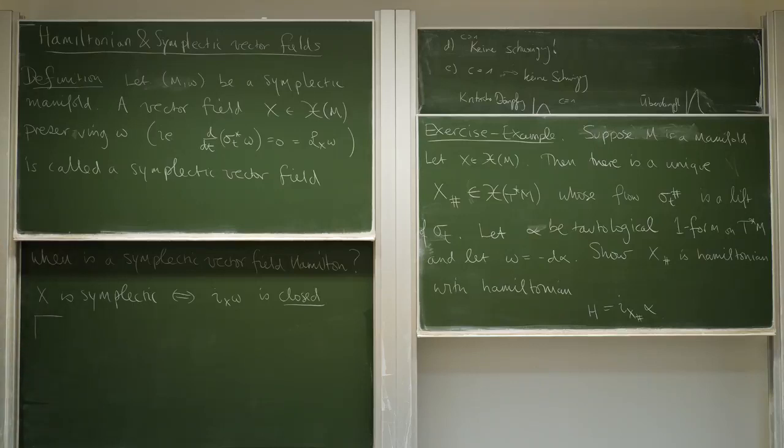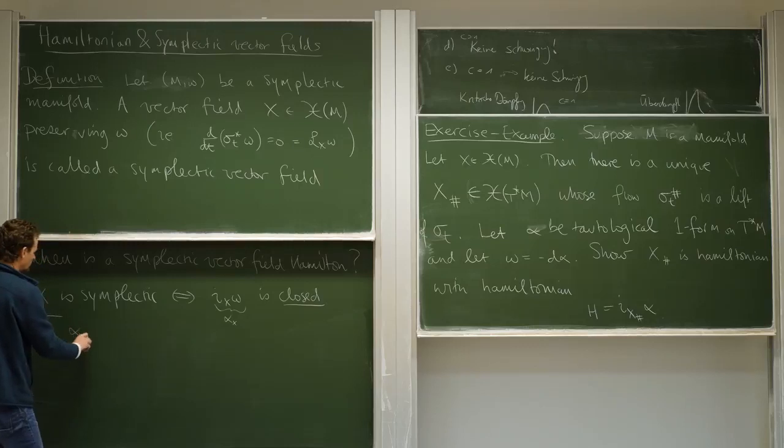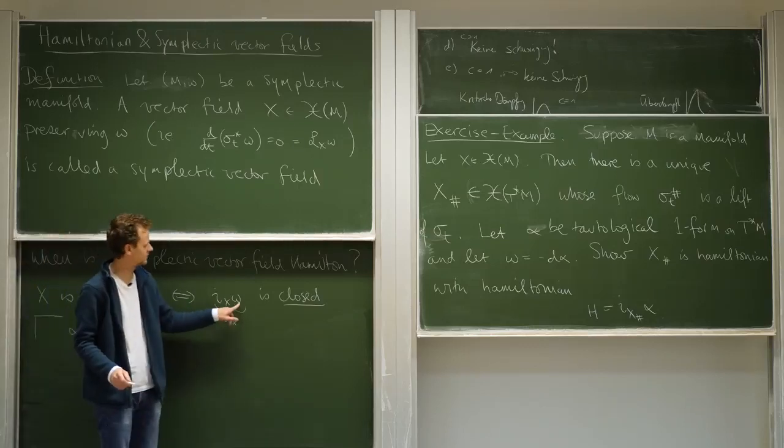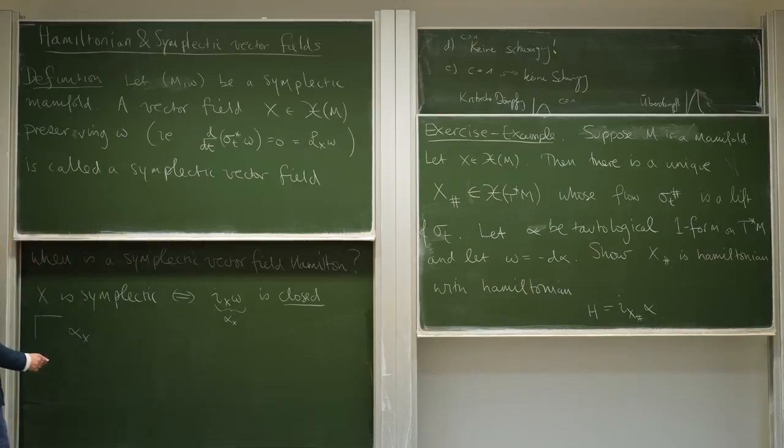And you can just confirm that yourself. Let's do the calculation. So let's give this thing a name. Let's call this alpha X. So alpha X is a 1 form, right? We've taken the internal product of a 2 form with respect to a vector field. So we get a 1 form, and closed means that d alpha X is 0. So let's check that that's the case.